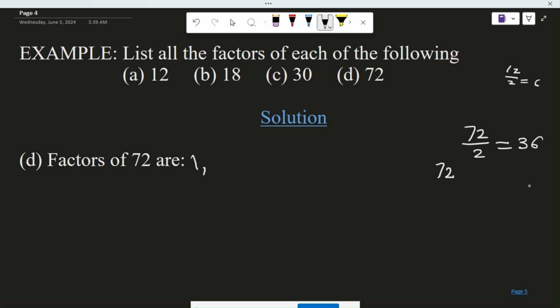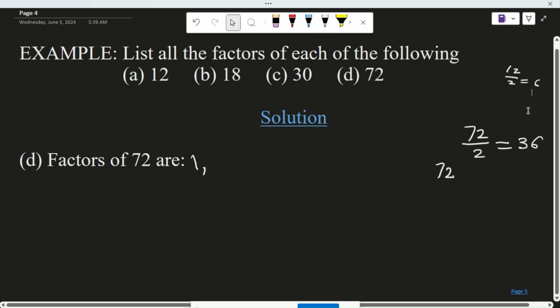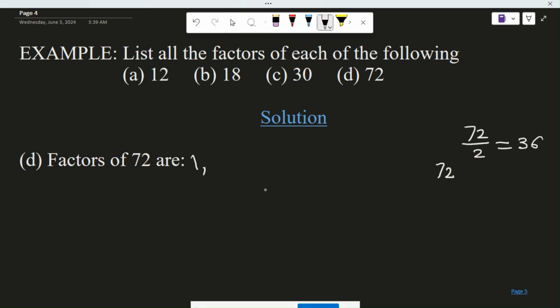So that's how you obtain the 6 beside that 3. To make it fast, you can use your calculator to confirm that. So now we have the other number, which is 2 and 36.